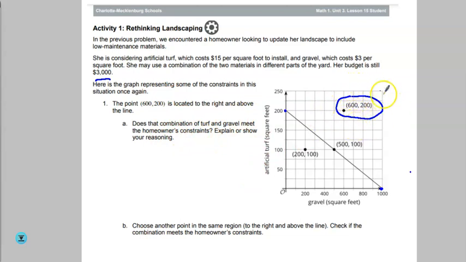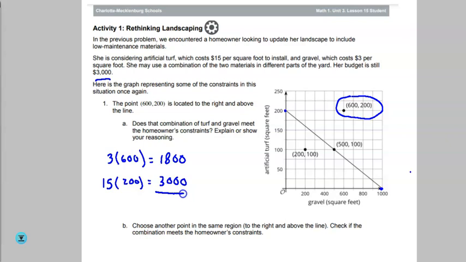So if we try this 600 again, we know the gravel's $3 per square foot, and she's going to buy 600 of that, or that's what this represents. When you multiply those, you get 1,800. $15 per square foot, and 200 square feet of that would be 3,000.